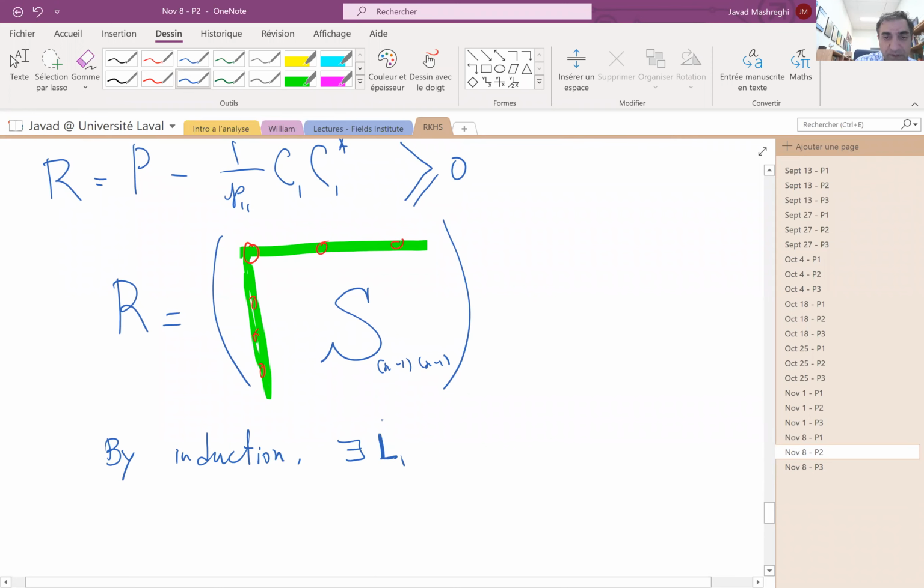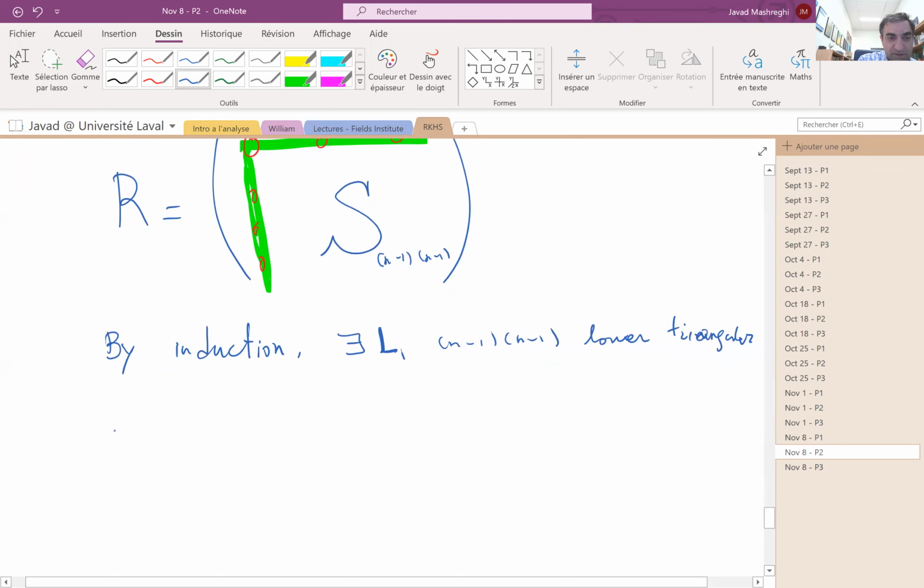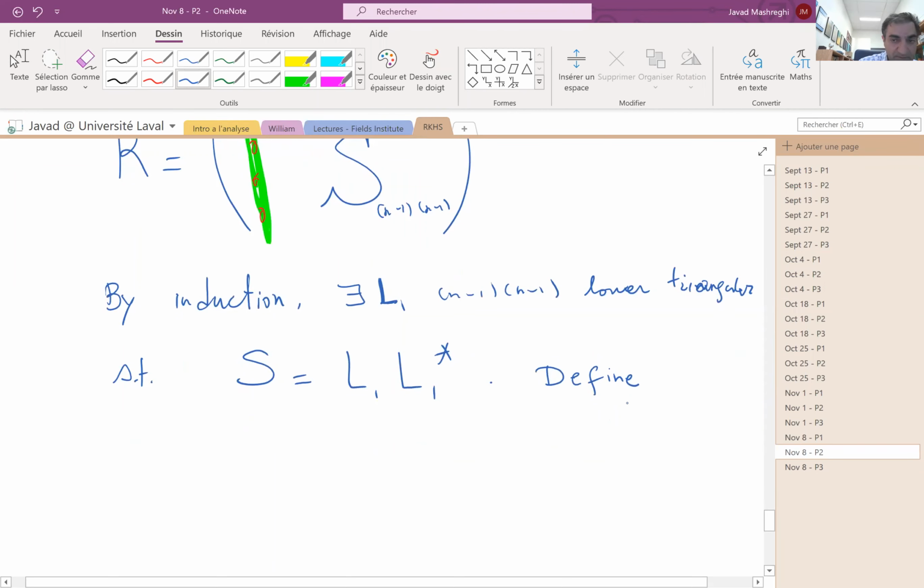We can write it that way. n minus 1 by n minus 1, lower triangular, such that S is equal to L1 L1 star. And now we define L by this formula. Define L.